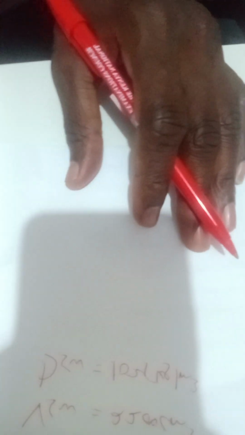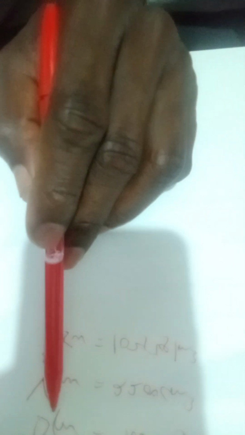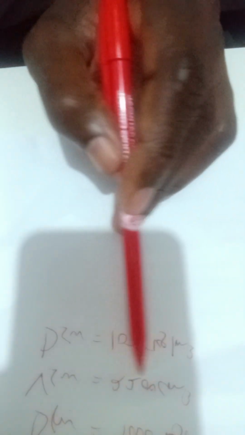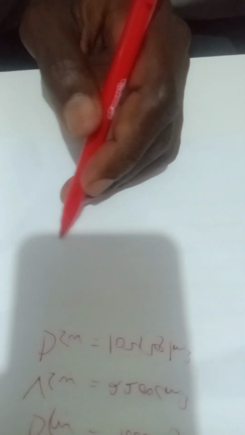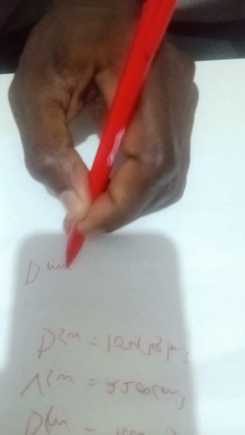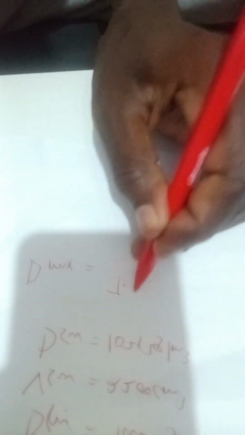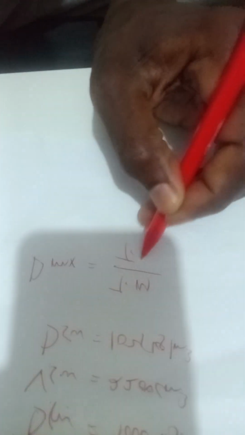Then I again bring my camera closer so that we are able to see how it is being calculated. So we have got volume of fresh water 1800, density of fresh water 1000, volume of seawater 2200, density of seawater 1025 kilograms. So density of mixture is equal to total mass over total volume.